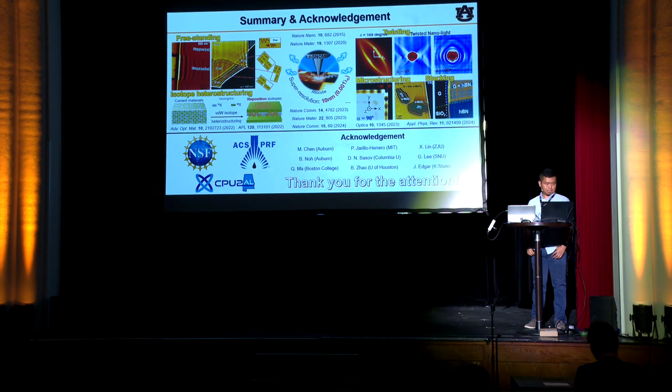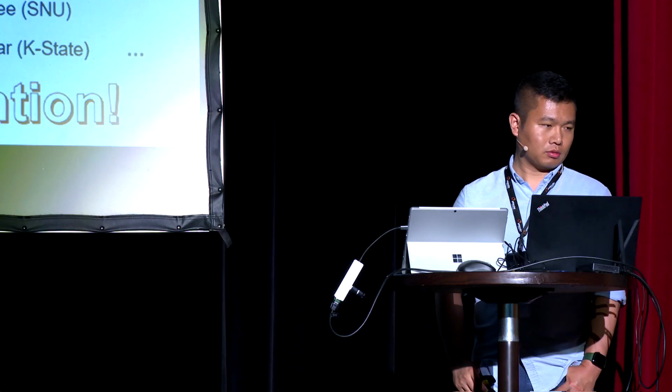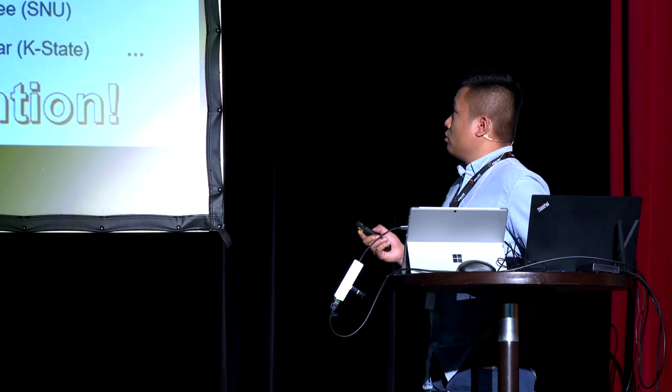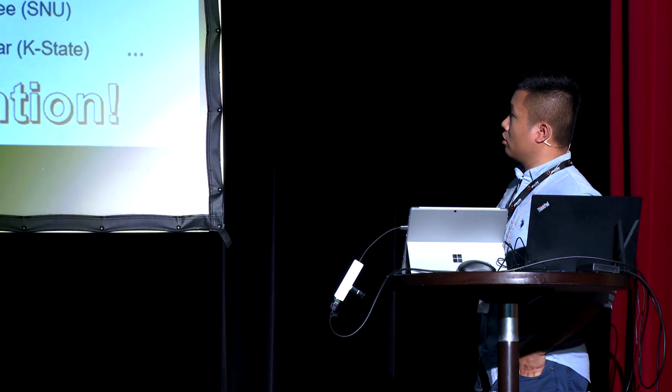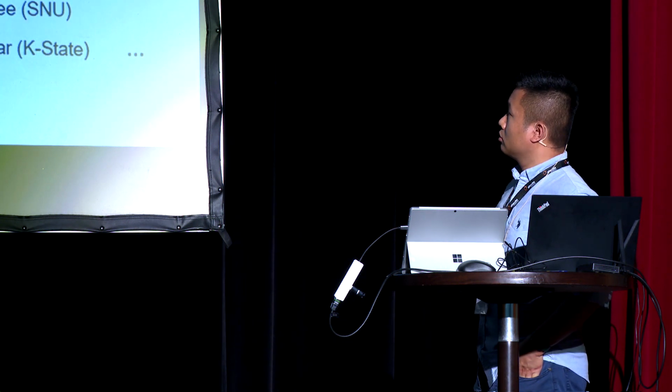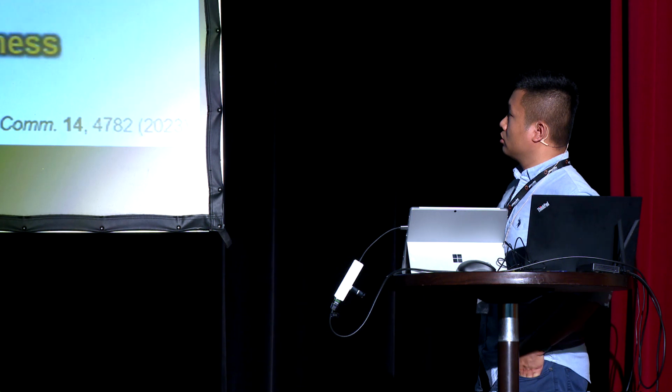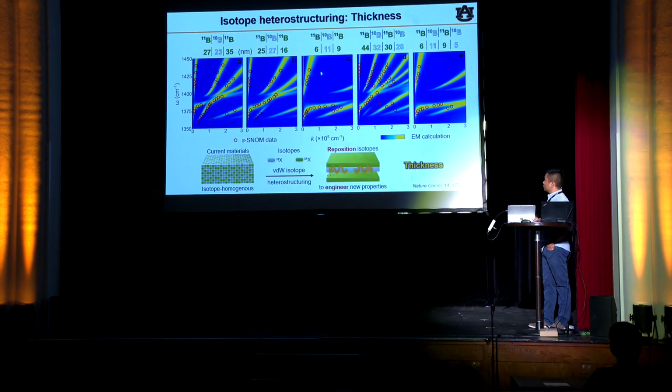Okay, thank you. You didn't mention over what length scale can you change the isotope? So if you want to do isotopic patterning deterministically, what kind of length scale can you do? Right now, these isotope heterostructures, the thicknesses are indicated here.